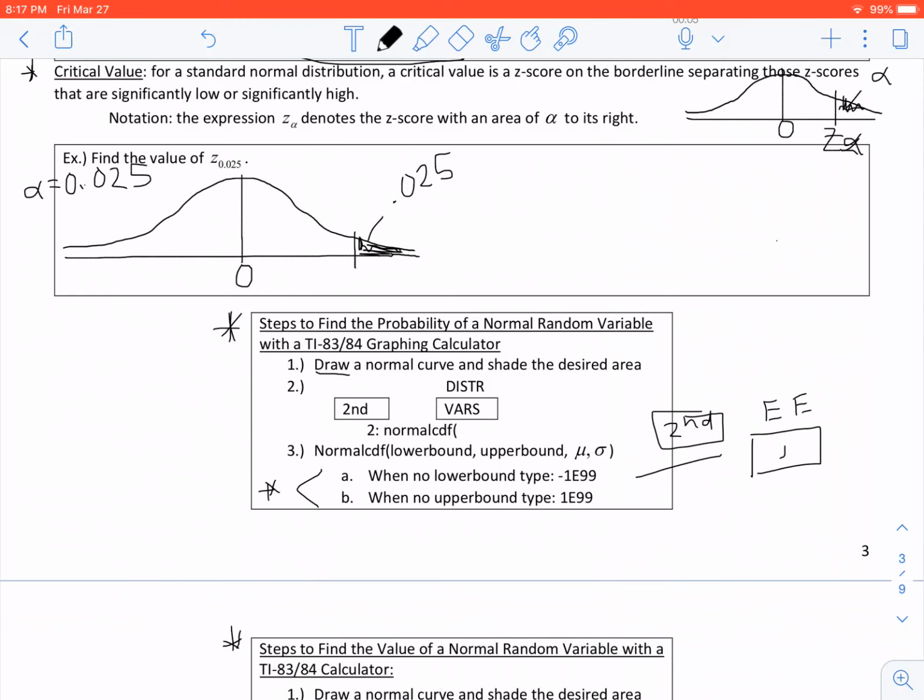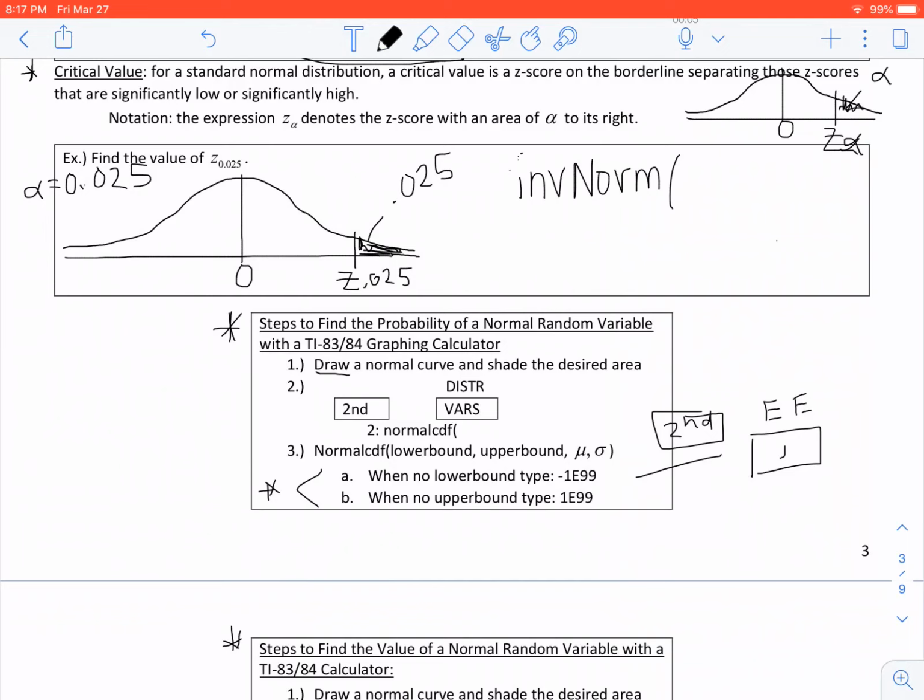So to find our z value, z sub alpha, or z 0.025, we're going to use inverse norm, parenthesis, it asks for the area to the right.